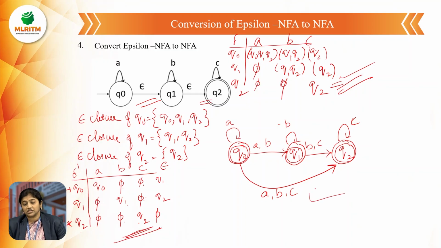It is a normal NFA, because it reaches more than one state with one input symbol. Whereas in a DFA, with one input symbol, it should reach only one state. So this is how we convert an epsilon NFA into an NFA.